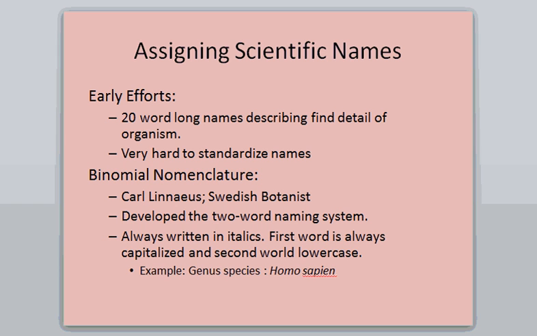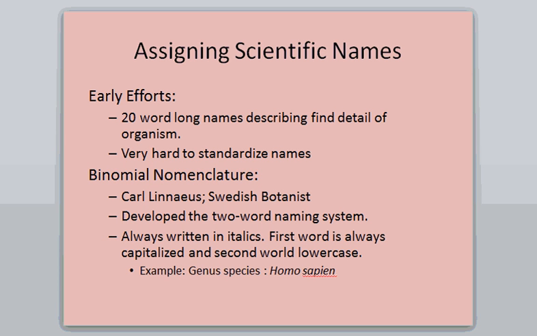Assigning scientific names to organisms was quite a feat. Our early efforts ended up with organisms having 20-word long names that were very descriptive and detailed, but it turned out that it was very hard to standardize these names because not everywhere you went did the word mean the same thing.